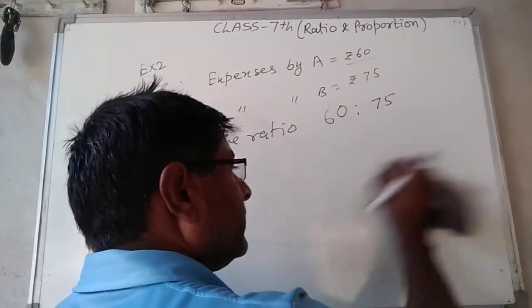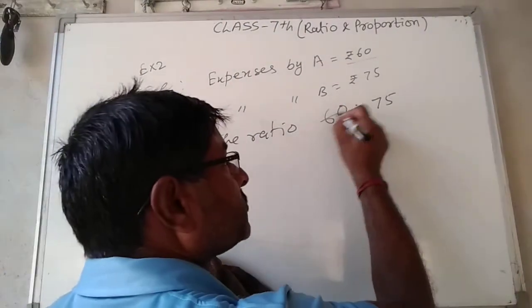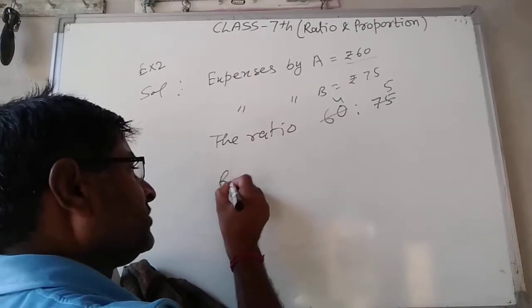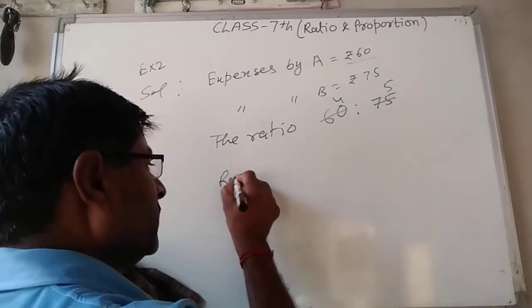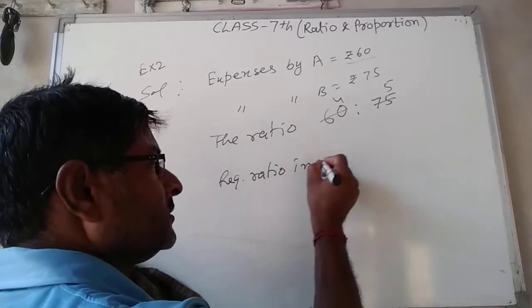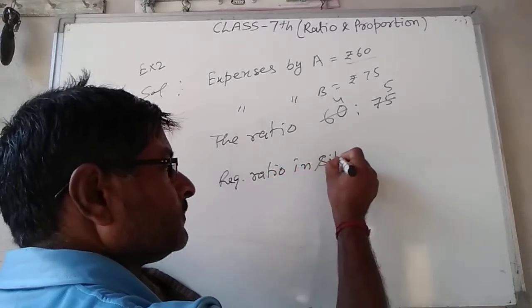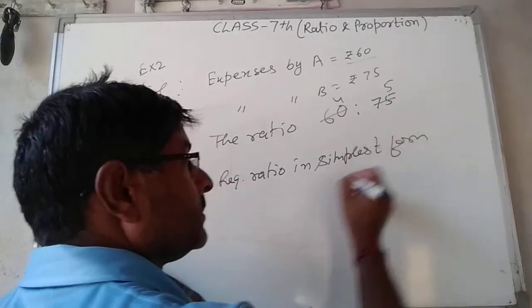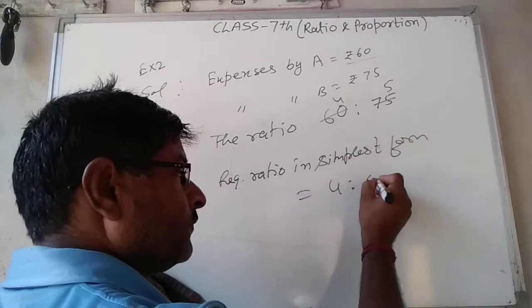So directly here, if you know, then there is no problem. 15 4 जा, 15 5 जा. So the required ratio in simplest form is equal to 4:5.